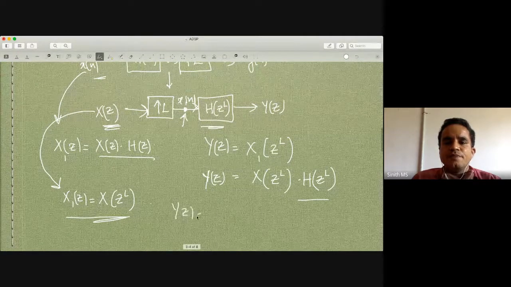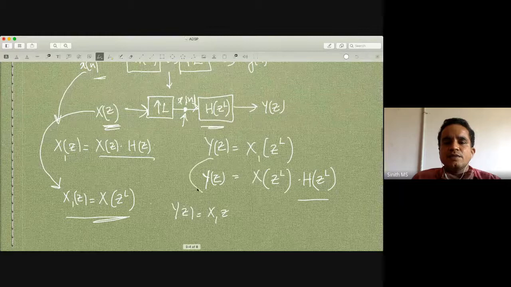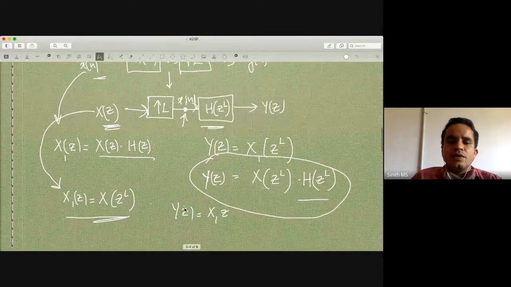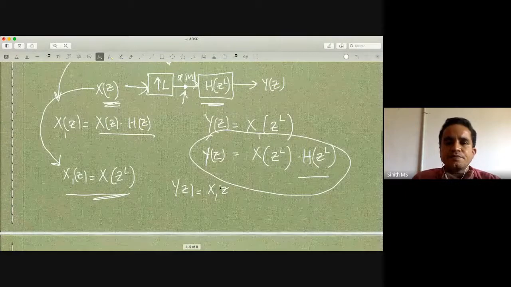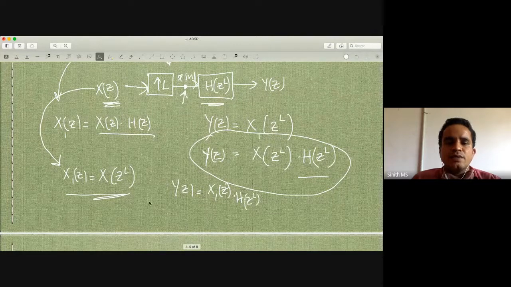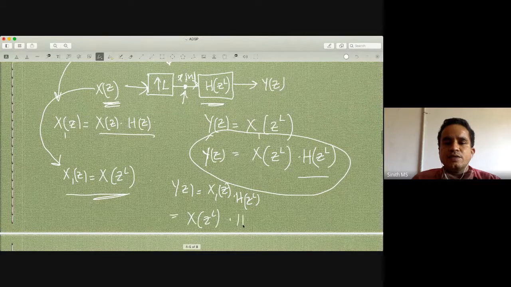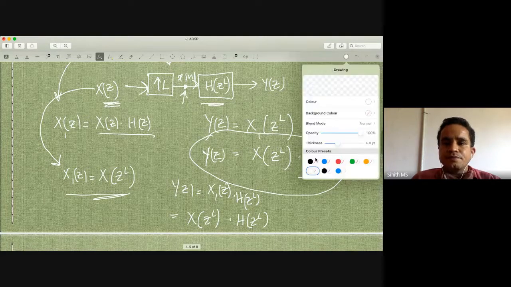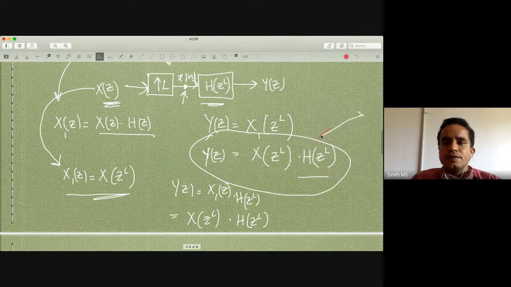Y(z) is X1(z) multiplied by H(z^L). Now X1(z) is X(z^L), so you substitute it here: X(z^L) into H(z^L). Now you can see that this is same as this Y(z). In the second case, this is Y(z) in the first case, right?